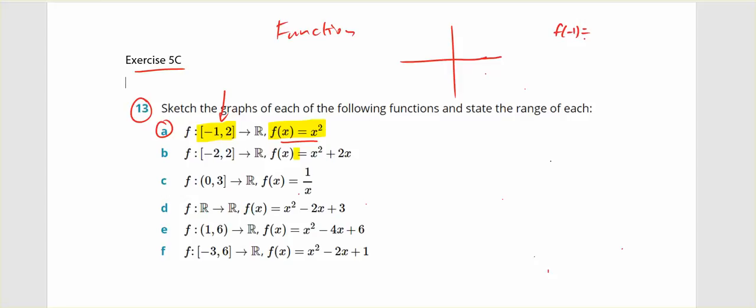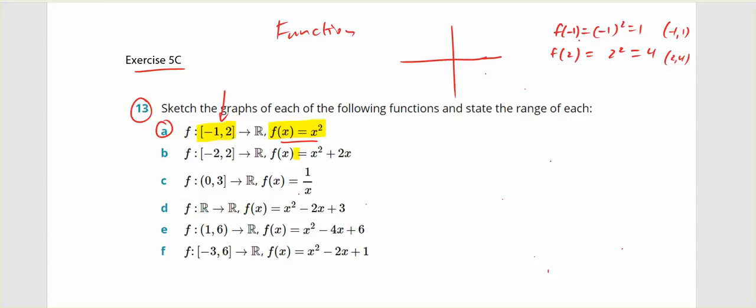You're replacing the x with -1. So you go -1 squared equals 1. And you're finding the endpoint of the other part. So f of 2 equals 2 squared, which equals 4. So the endpoints are (-1, 1) and (2, 4).